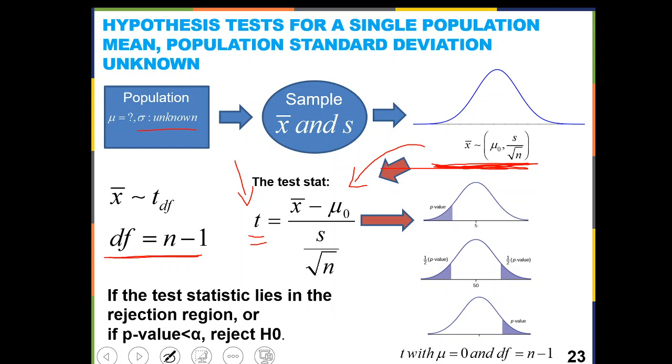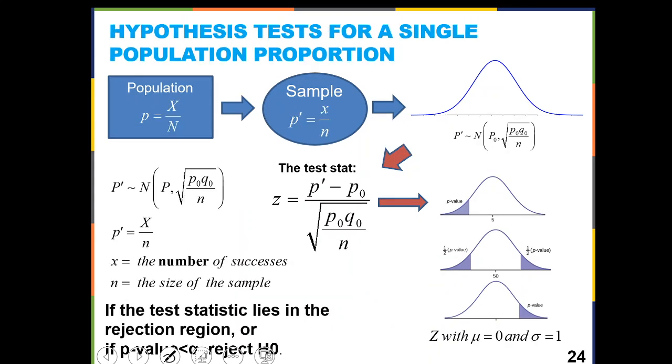So again, the same thing happens. We either have a two-tailed test, left-tailed test, or right-tailed test, but the calculations are done not using the normal distribution, but the t-distribution with n-1 degrees of freedom. And that happens if we don't know the standard deviation of the population. Okay?